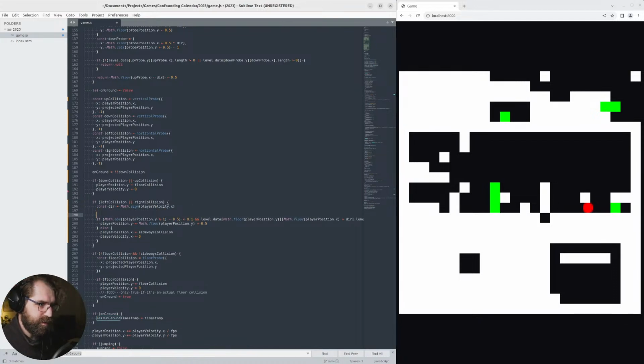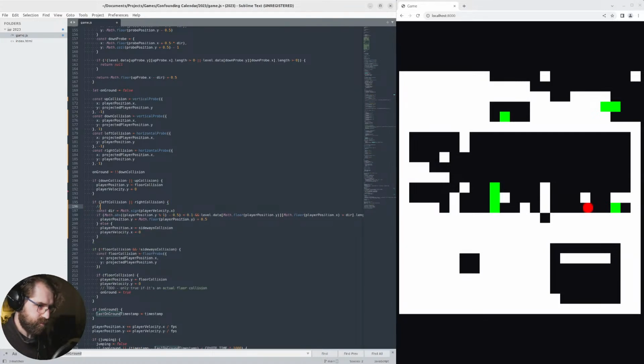Let's do some comments. What should we call it? This movement where I slot into a gap.